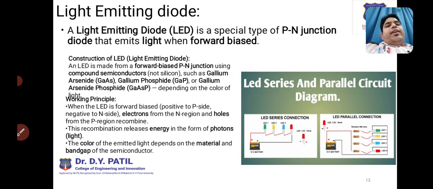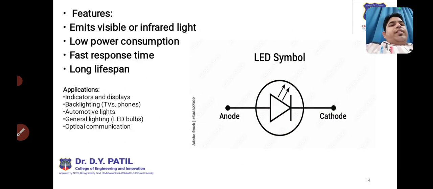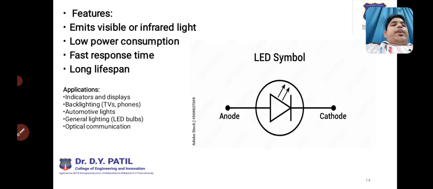Next, the light emitting diode. It is made of gallium arsenide, gallium arsenic phosphide. So this is the symbol of the LED. How do we get the photon?